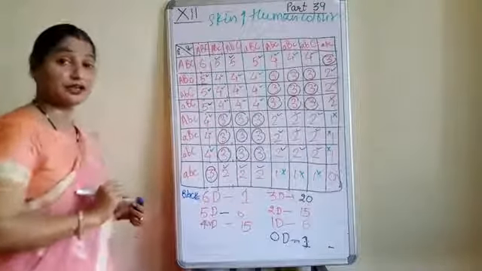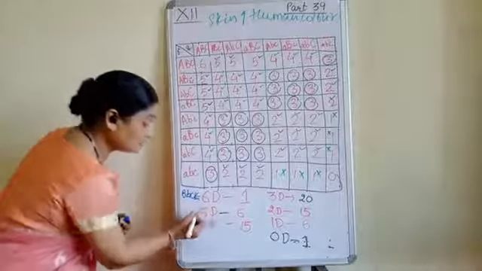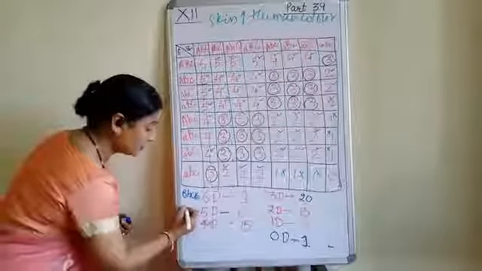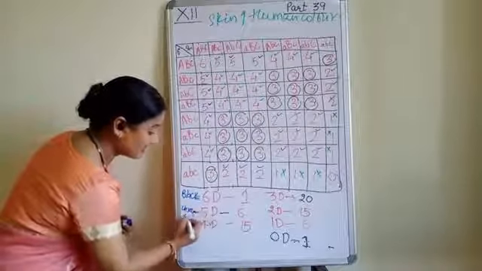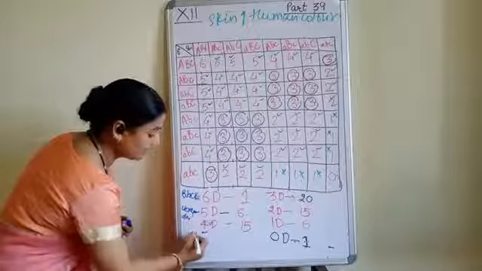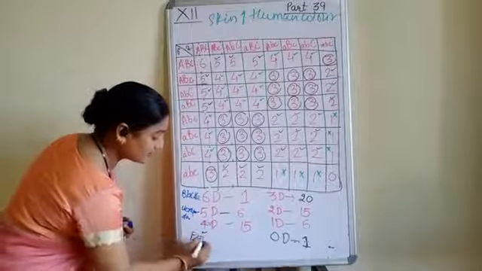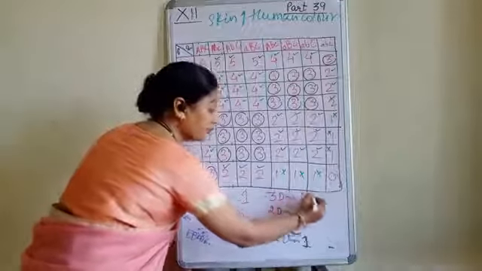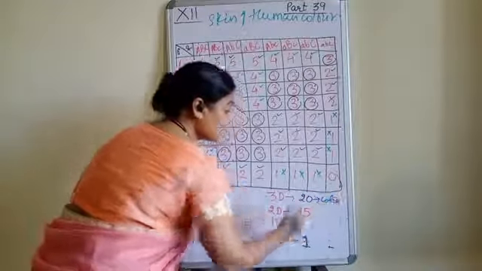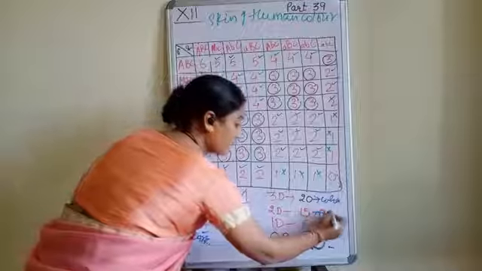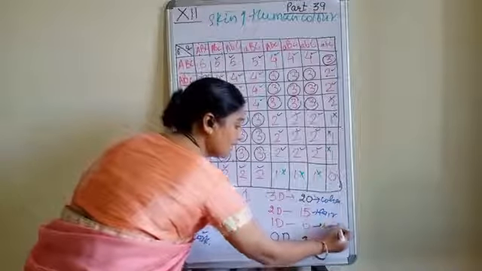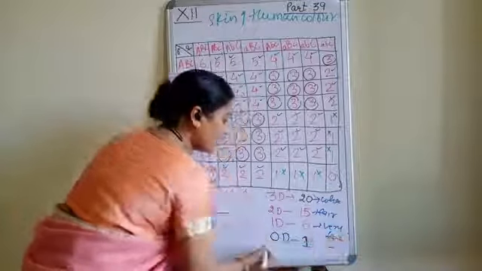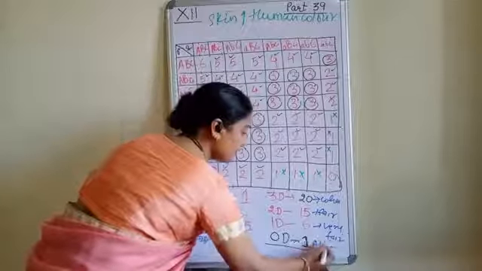Just now we have noted down. If 5 dominant, then the person is very dark. If 4 dominant, then the person is dark. If 3 dominant, then it means 20 people, they are wheatish. 15 are fair, 6 are very fair and 1 is albino.